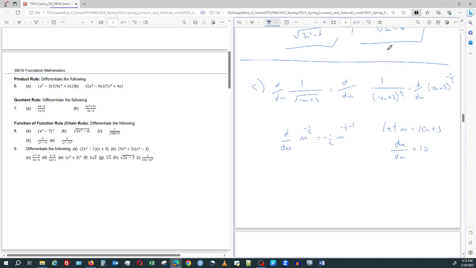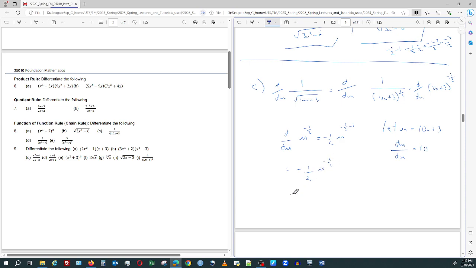So minus a half minus 1. I know, I can hear you say what the answer is, but that's not the point. I want you to practice. Minus 3 on 2. So this becomes minus a half u to the minus 3 on 2.